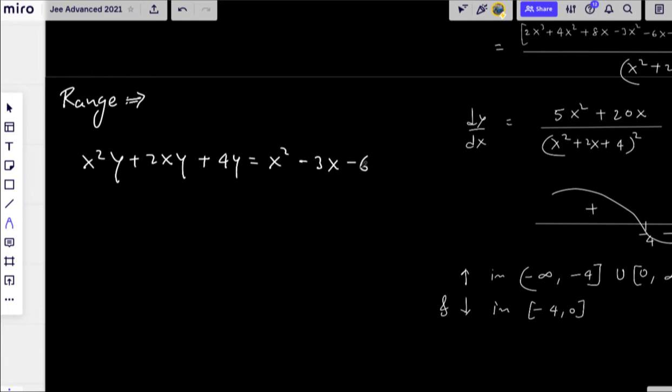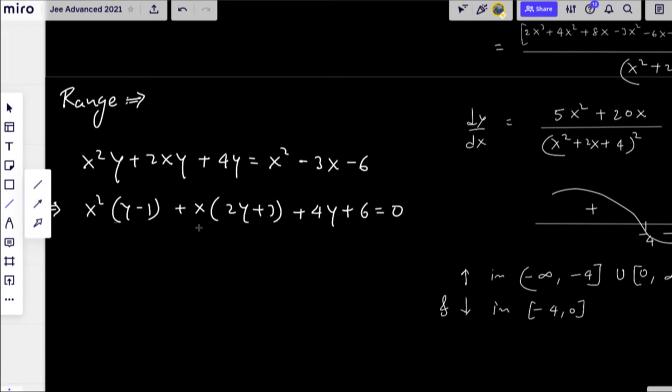And this implies x square under bracket y minus 1 plus x under bracket 2y plus 3, solve it properly, plus 4y plus 6 equal to 0. Untransposing, we get this one, right? So here two cases arise.